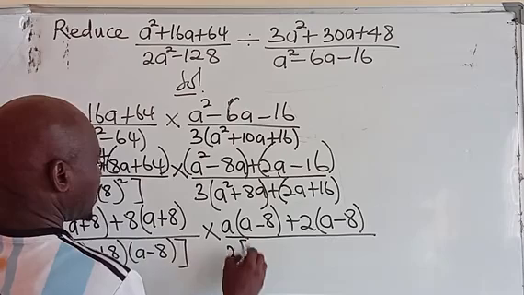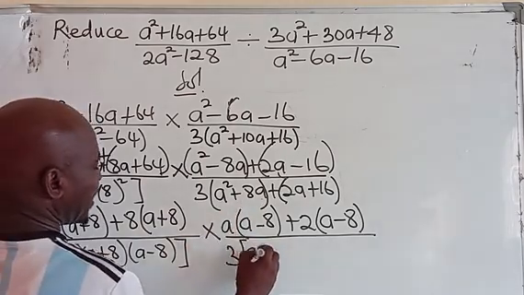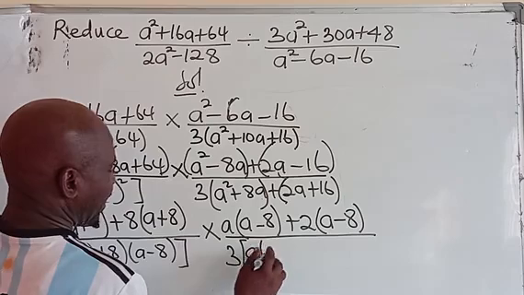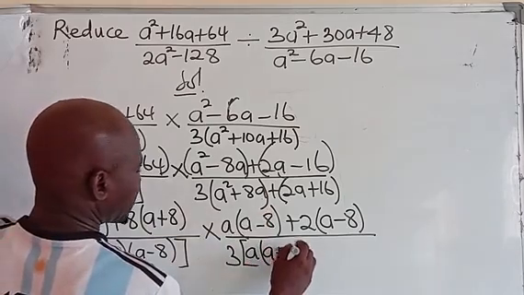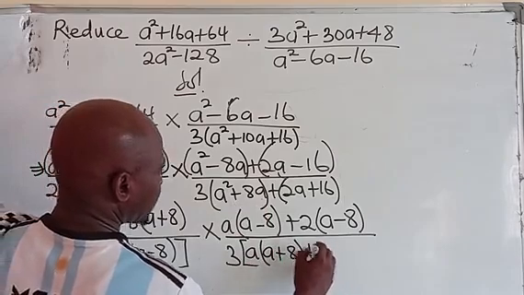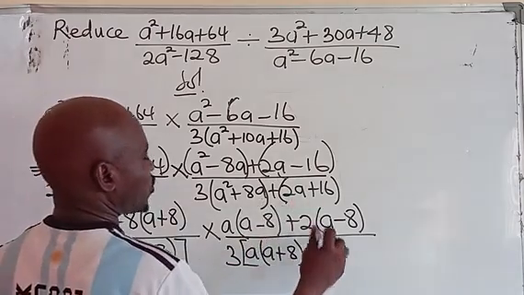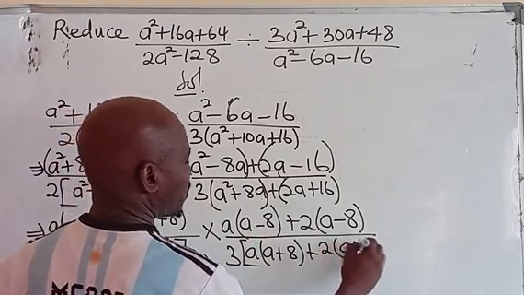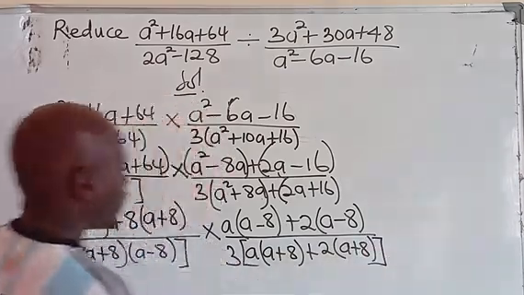3 into here. Now, the common factor here is a. So into bracket, a squared divided by a is a, plus 8a divided by a is 8. Plus, the common factor here is 2 into a plus 8. Okay.